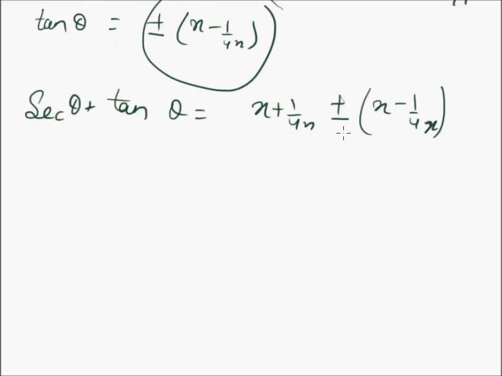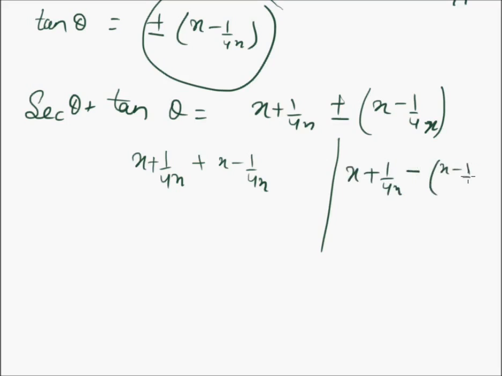Now breaking the plus and minus part separately, we have x plus 1 by 4x plus x minus 1 by 4x, and x plus 1 by 4x minus (x minus 1 by 4x), either this term or this term. Here this 1 by 4x gets cancelled because it is present in both positive and negative sign, so we have 2x.